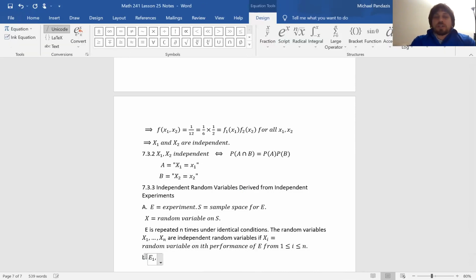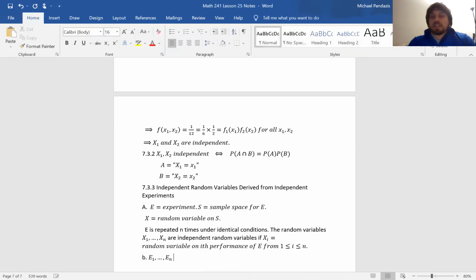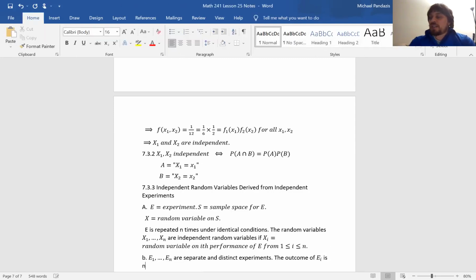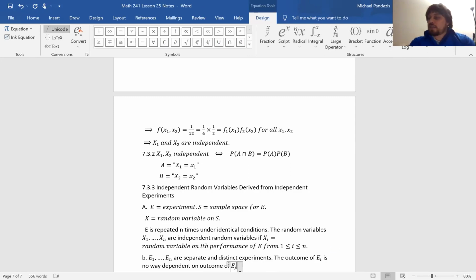Okay, B. If you have E1 to En, experiments that are separate and distinct experiments, the outcome of E sub i is in no way dependent on the outcome of E sub j when i does not equal j.